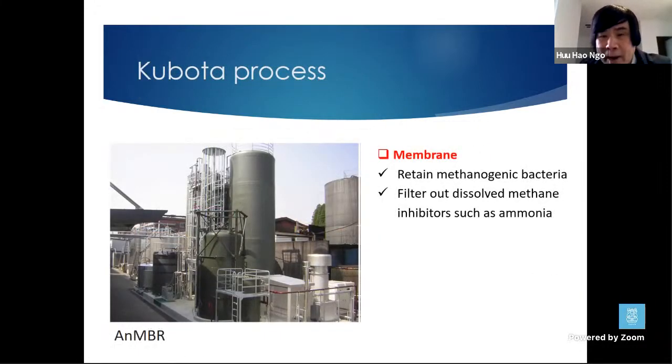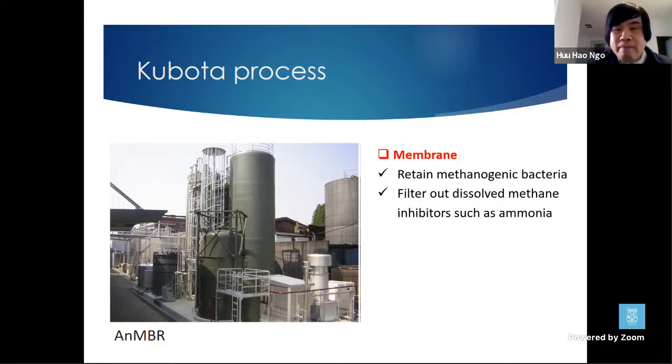About the membrane, they can retain the methanogenic material, the bacteria that produce biomethane, and they can filter out dissolved methane inhibitors such as ammonia.